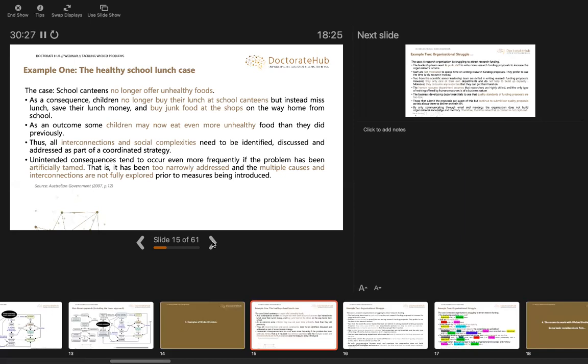That tends to occur in such quite obvious situations where the problem is only artificially tamed. That is, it has been too narrowly addressed, and the multiple causes and interconnections are not fully explored in the first place before measuring and messing around with this situation.